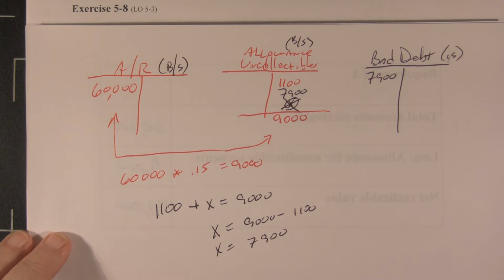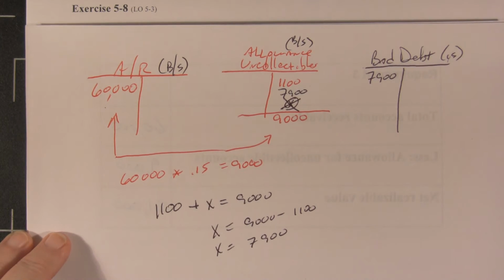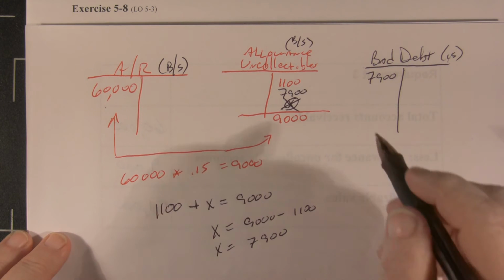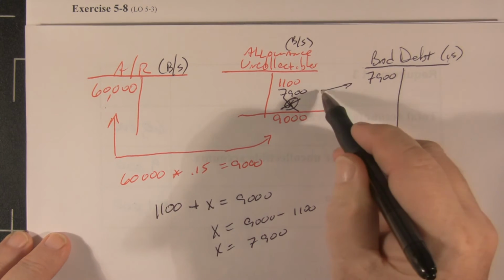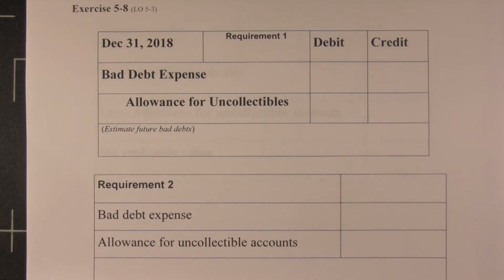Now all the information they're giving us is on the balance sheet accounts. They tell us that they're basing their estimate on a percentage of receivables. That tells us it's a balance sheet approach. And when you see the balance sheet approach, you know you have to balance the balance in the allowance account. So we have the number we need right here. Now that we've done all the math, now we can do the accounting.